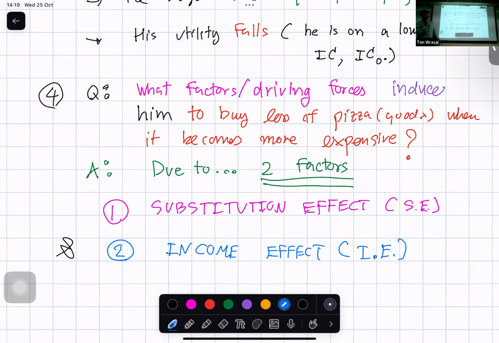Factor number one, he behaved in this way because of the substitution effect. Factor number two, he buys less pizza because of another driving force, called the income effect. In Thai, ผลทางการทดแทน and ผลทางรายได้.